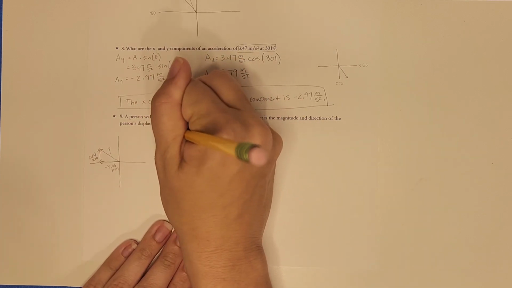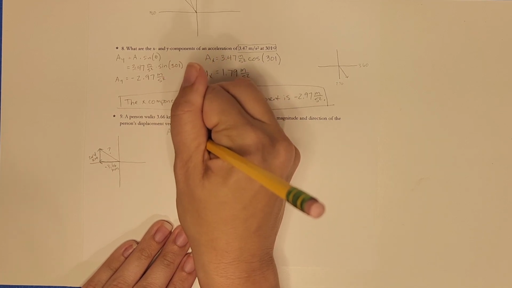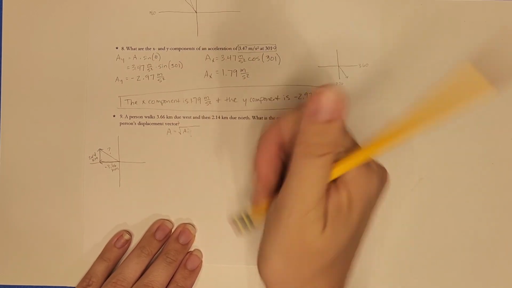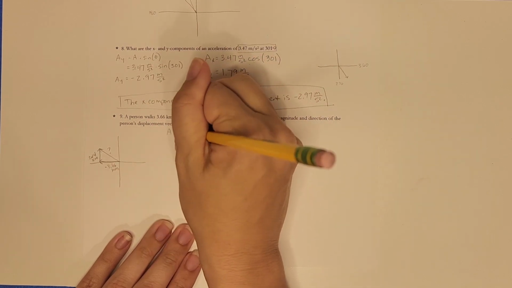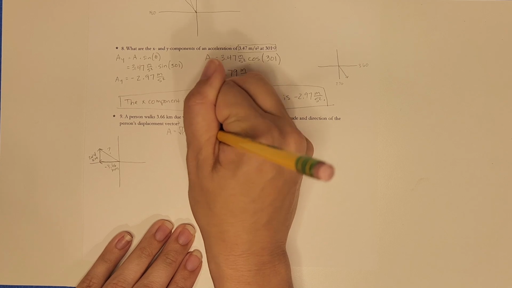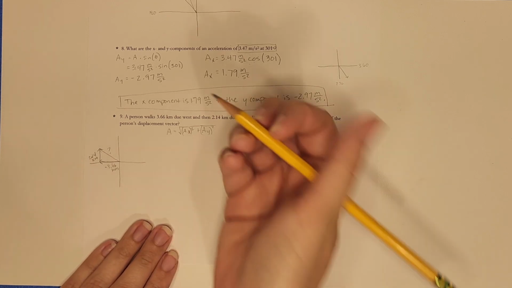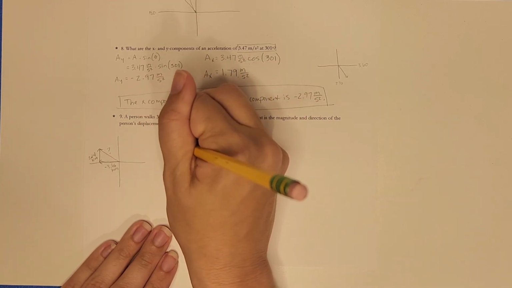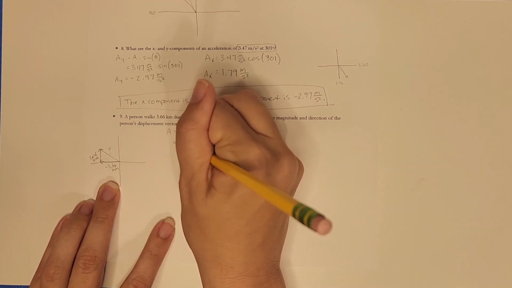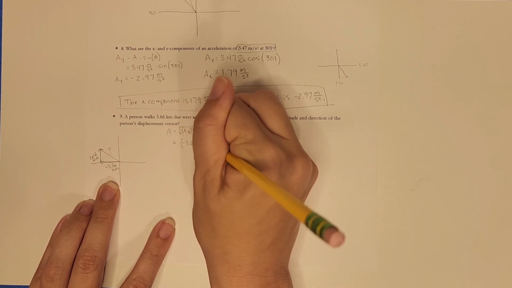And so just as a refresher, that equation is A equals the square root of AX squared plus AY squared, right? This is a formula for a hypotenuse. And plugging everything in here, so my AX is negative 3.66 kilometers squared.